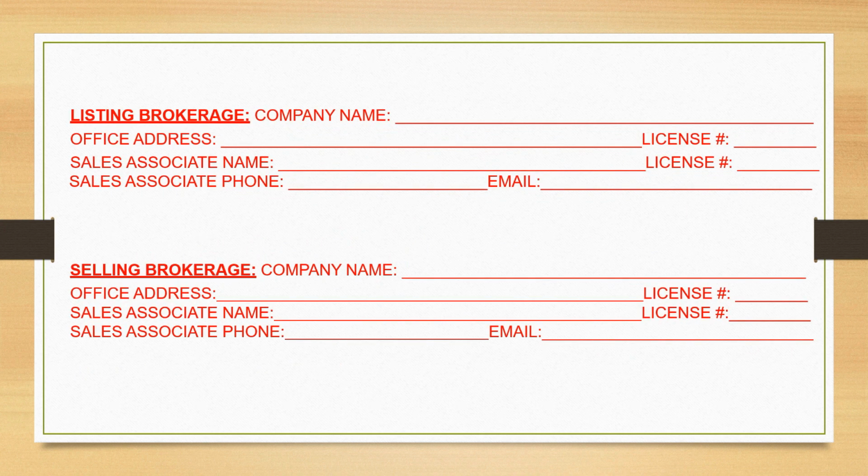So now we've got this reference to the information for the listing and selling brokerages, office address, license numbers, etc. Previously it was at the very tail end of the contract, and if you had an offer that was immediately accepted without a bunch of counters back and forth, you would have a bunch of blank pages between that acceptance and this information here.